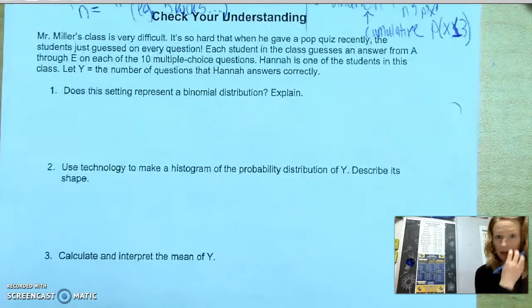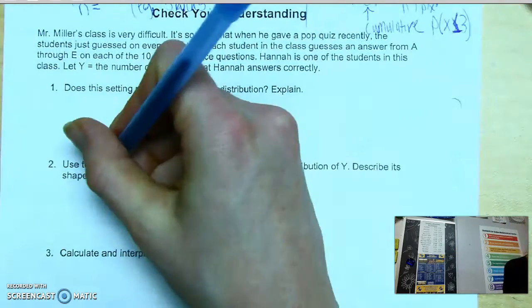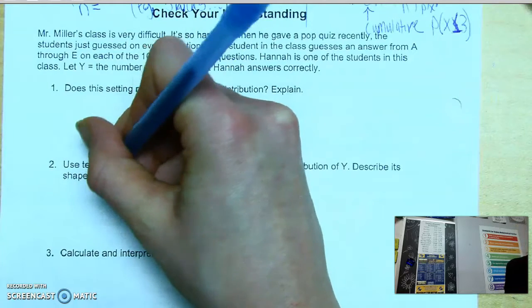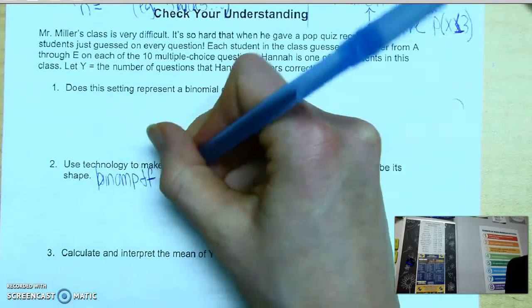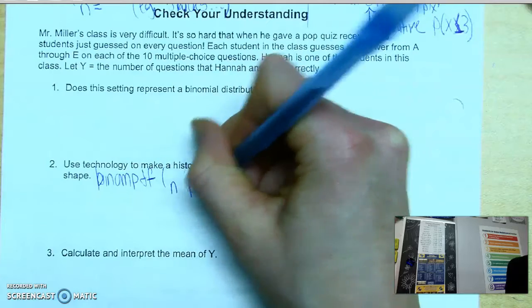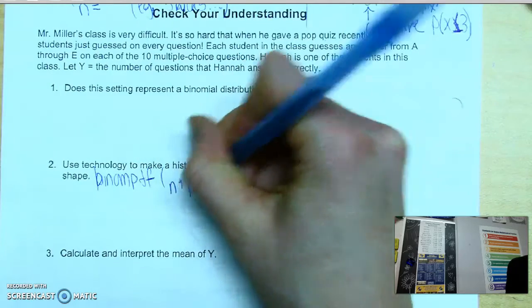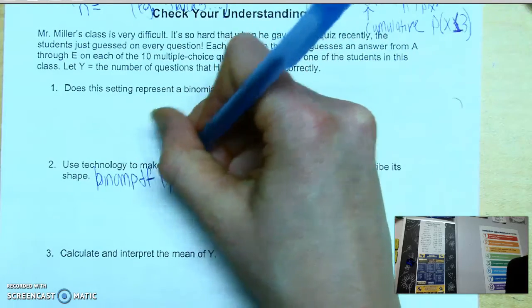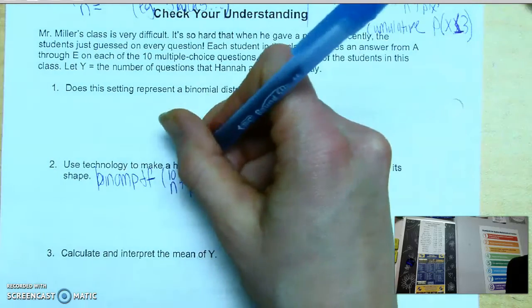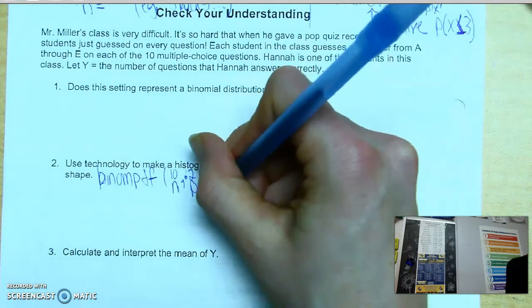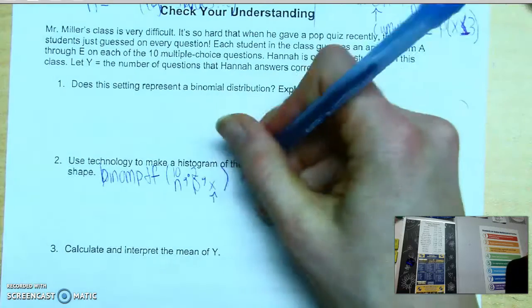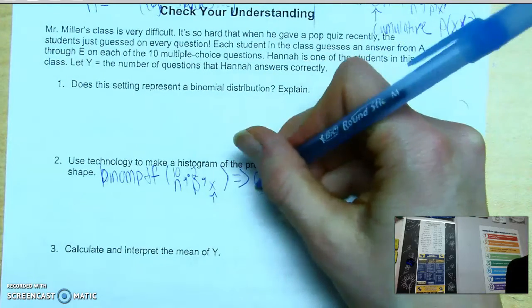Just a quick hint before you try this on your own. You might want to try binom PDF with N, P, and X. Remember, 10 questions. The probability you get it right is 0.2 because there were 5 options. And then X you can fill in yourself, right? That will help you get all of your individual probabilities.